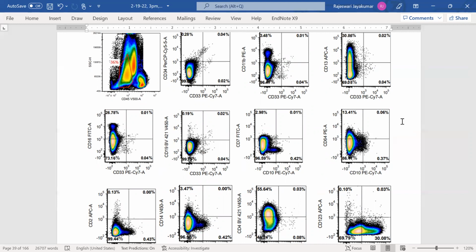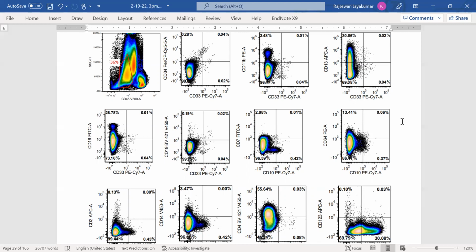The reason is erythroblasts, when they start maturing, initially they are positive for CD45, but they quickly lose CD45 when they mature. So that's why the expression of CD45 in this case, you can see that it is much dimmer than what we are used to seeing in blast population. So dim CD45, 117 positivity, and 117 need not be always positive.